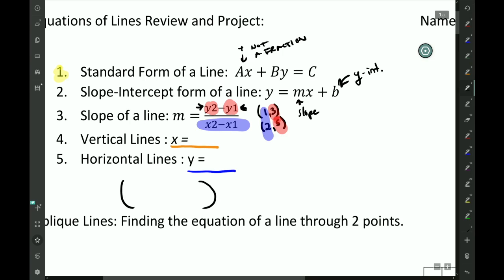If you think of Van Halen, V for vertical and H for horizontal, and with a coordinate like x, y, the 5 would be the horizontal line, and the x would be the vertical line. You can keep that, of course, to help you out.